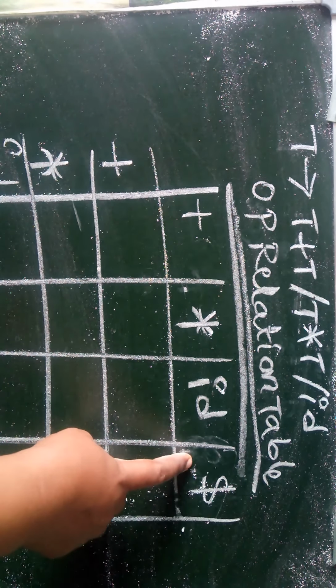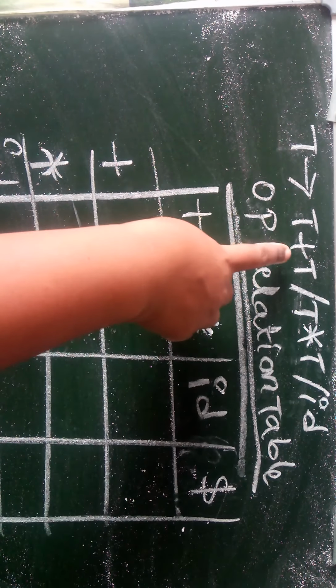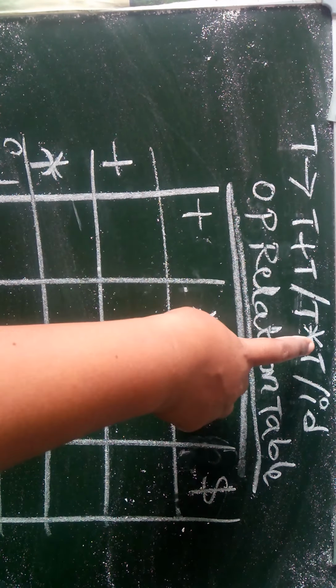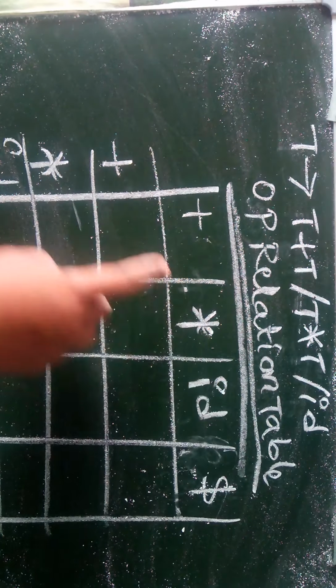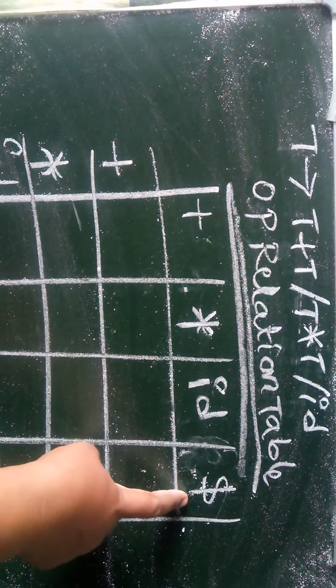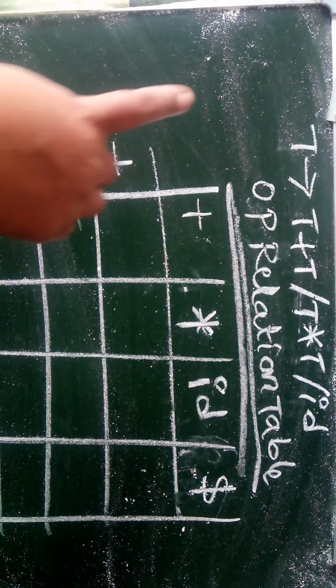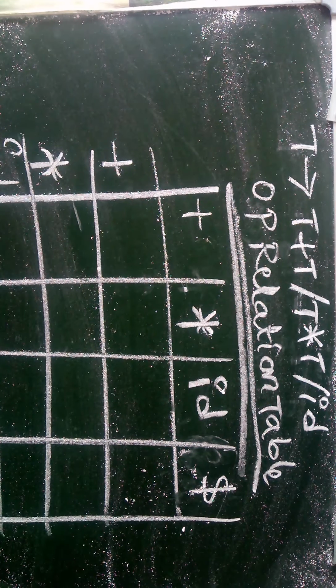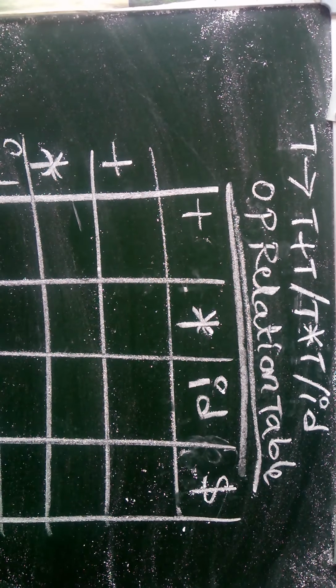For every problem, don't forget. So all terminals are plus, into, ID and dollar. Take the same here also. Rows and columns are filled with the terminals in the problem.